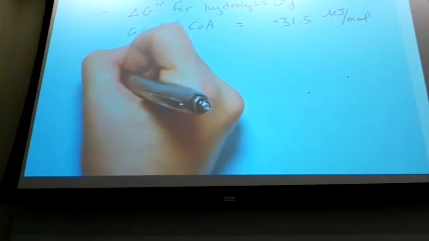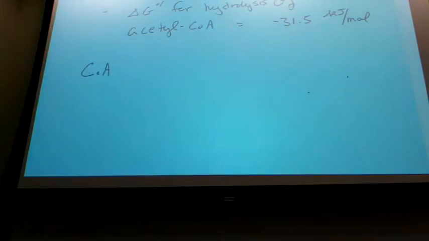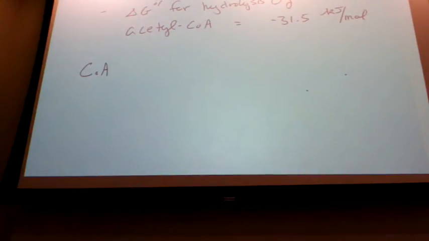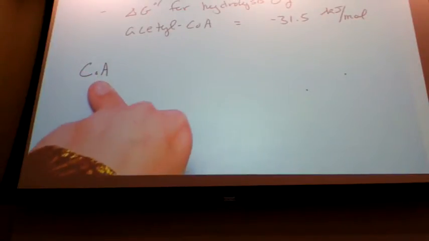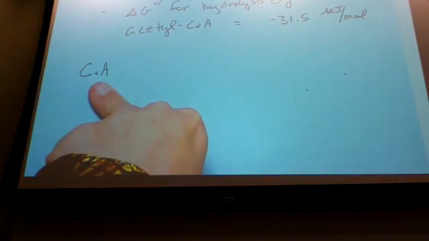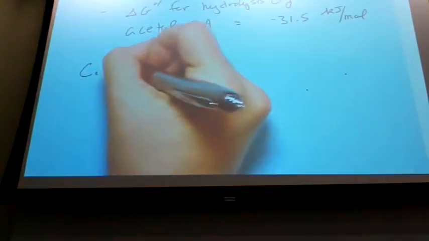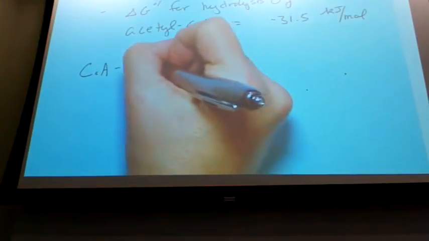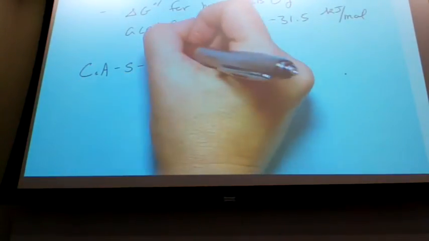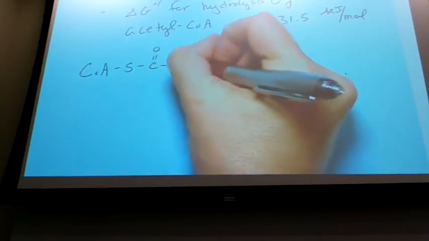Coenzyme A, we'll look at the structure. It's not a structure you need to know. We're going to abbreviate it a lot. So this is just a capital C, little o, capital A. And coenzyme A has a thiol group on it that can be put into an ester. And so this would be the acetyl ester.